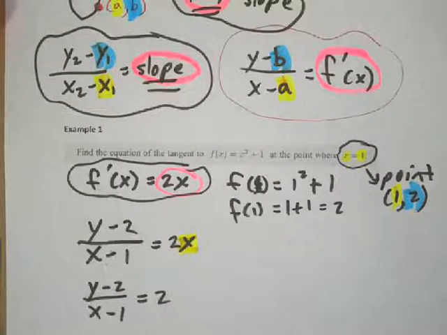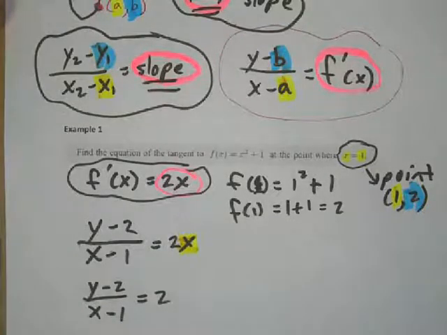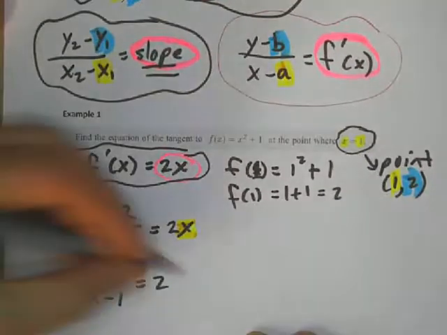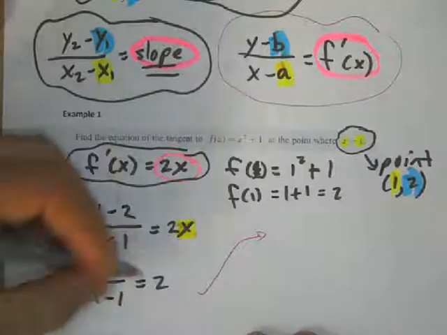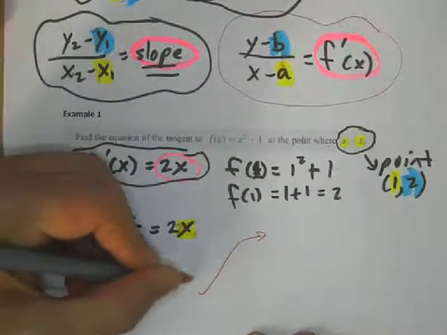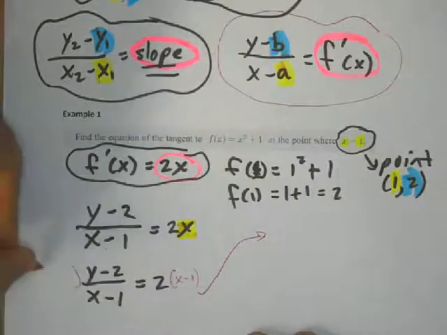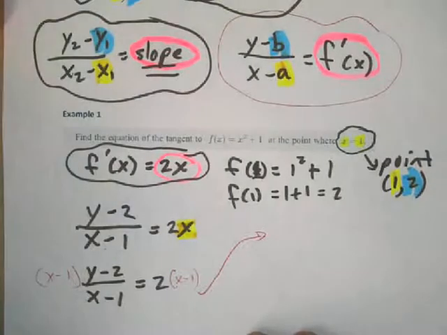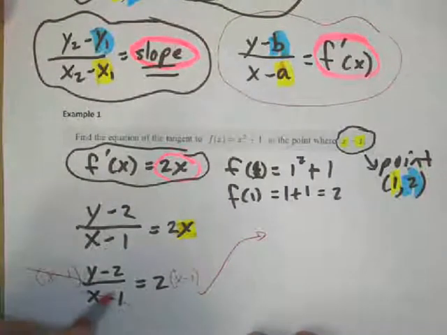So now what am I going to do? I'm going to multiply x minus 1 on both sides. Then this is going to cancel out with that denominator, right?